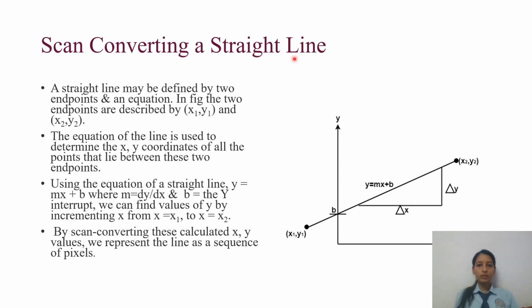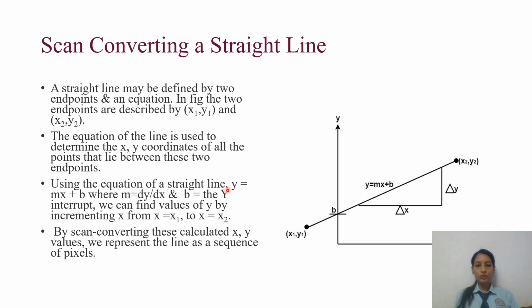Scan converting a straight line. A straight line may be defined by two endpoints and an equation. In the figure, two endpoints are described, x1, y1 and x2, y2. The equation of the line is used to determine xy coordinates of all the points that lie between these two endpoints.